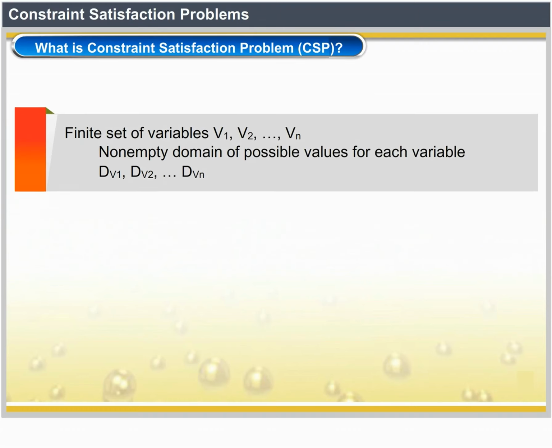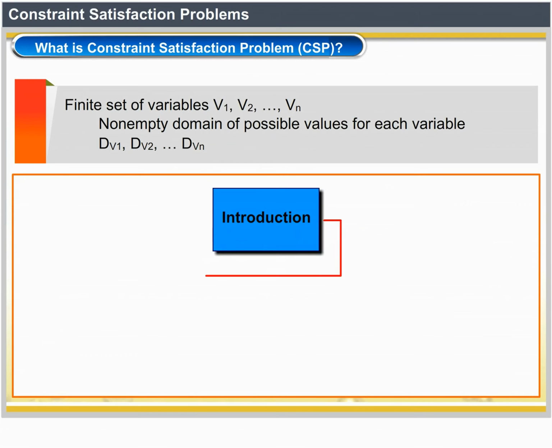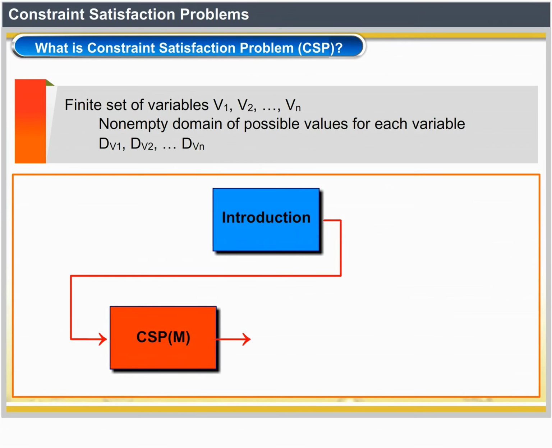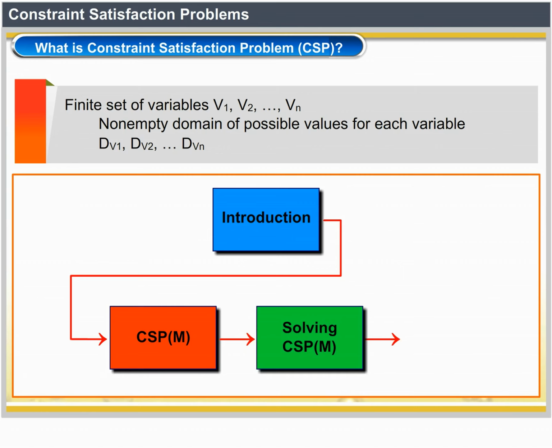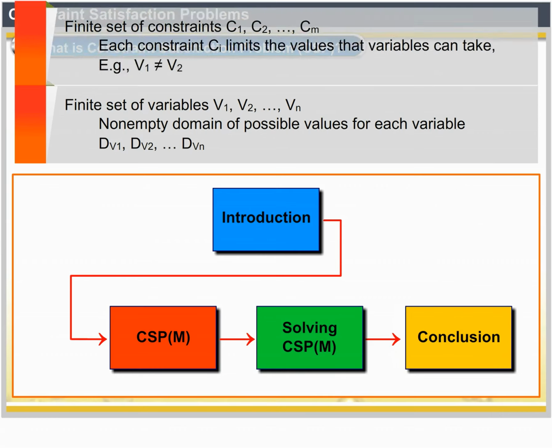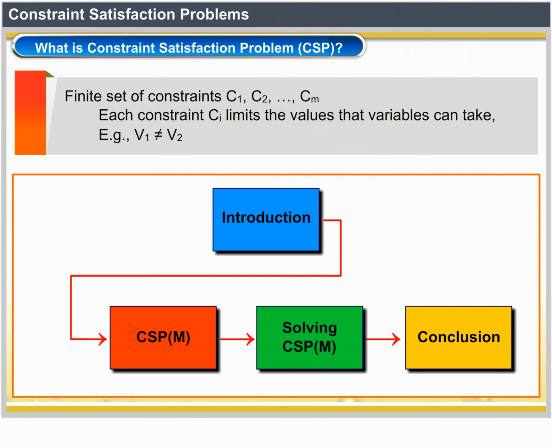A finite set of variables v1, v2 up to vn. A non-empty domain of possible values for each variable, Dv1, Dv2, up to Dvn. A finite set of constraints c1, c2, up to cm.